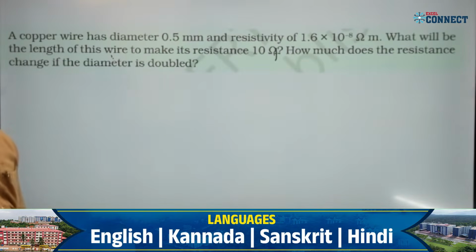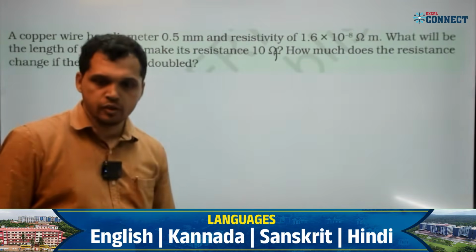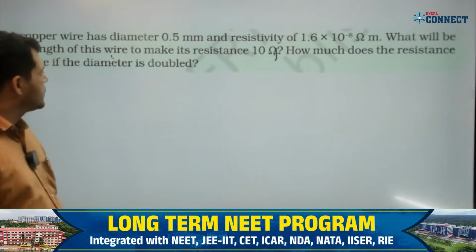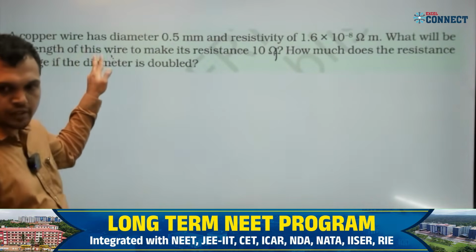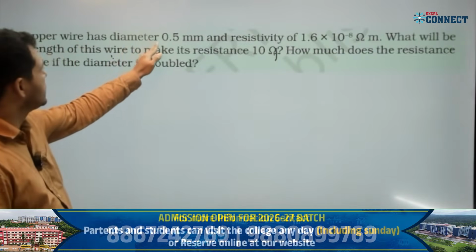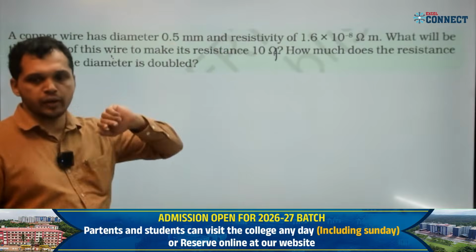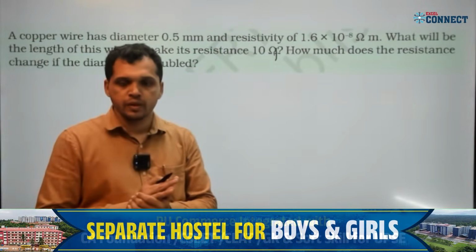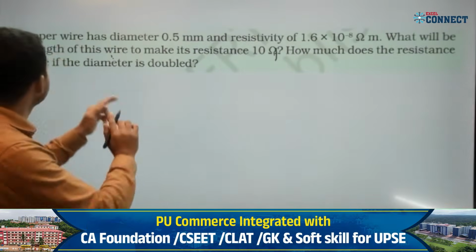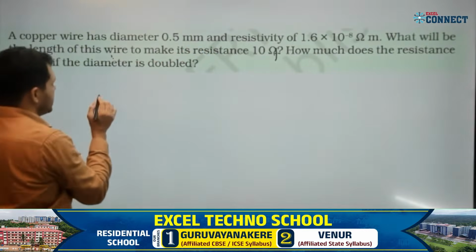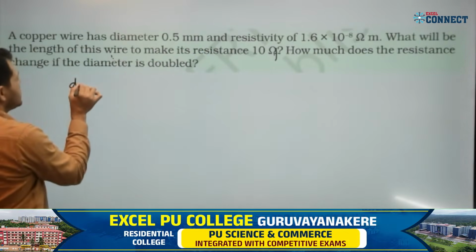See, here is one question in your NCERT exercise. If you have your textbook, you can check this. I will explain how to simplify this kind of question. A copper wire has a diameter of 0.5 millimeter.